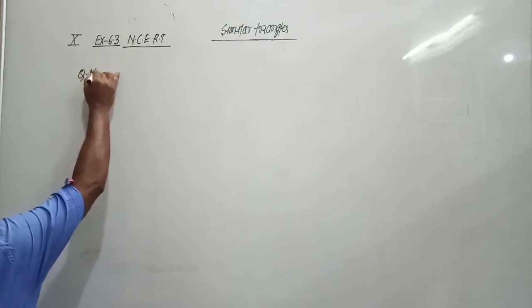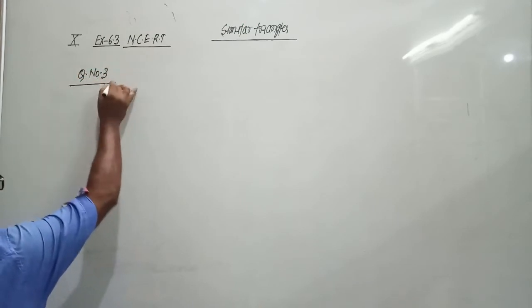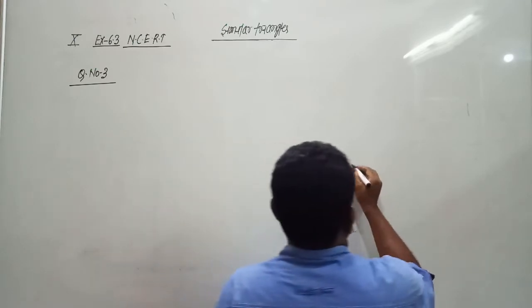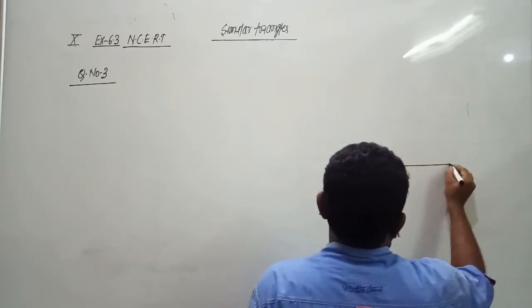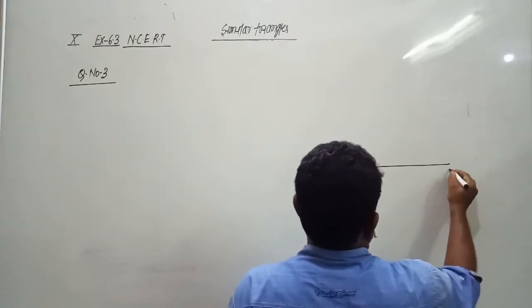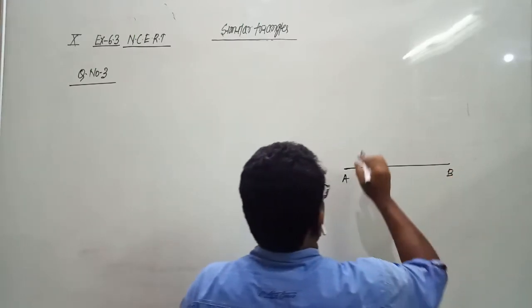Question number 3 of exercise 6.3: it is given that diagonals AC and BD of a trapezium. There is a trapezium ABCD.